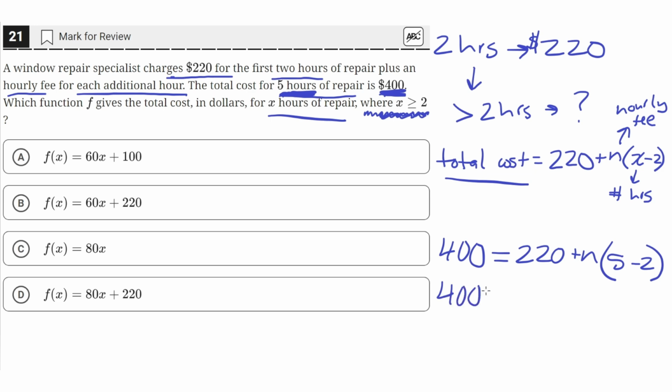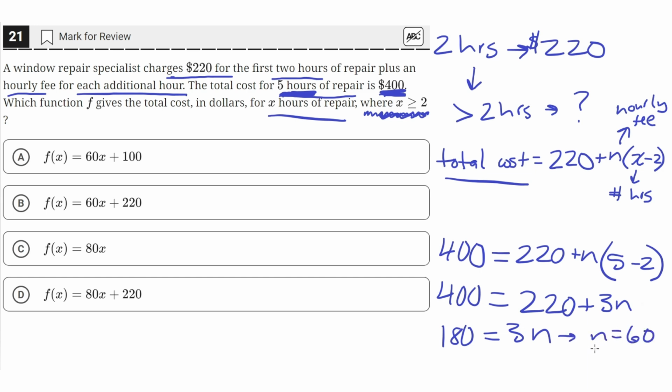Then we can simplify this to 400 equals 220 plus 5 minus 2, which is 3, so 3n. Then we can solve for the value of n. 400 minus 220 is equal to 180 if we subtract 220 from both sides. So then we'll be left with 180 equals 3n. Then if we divide both sides by 3, we'll get that n equals 60.